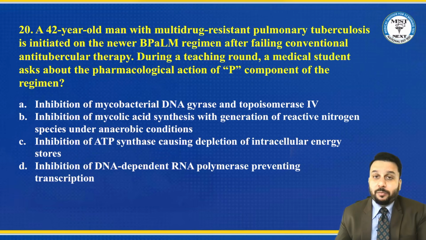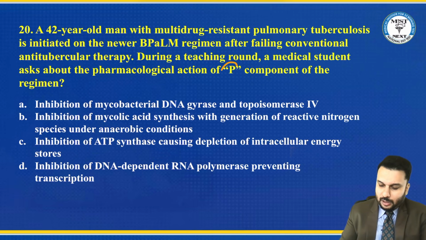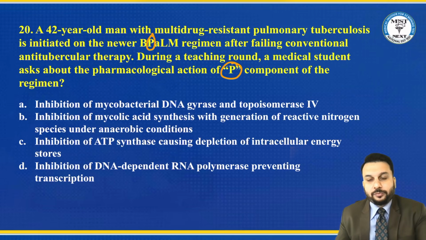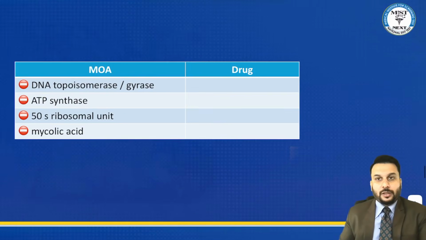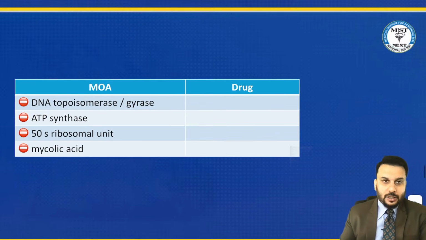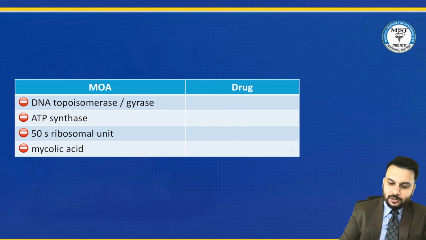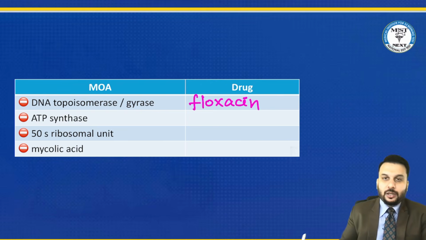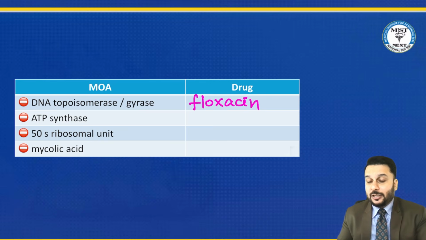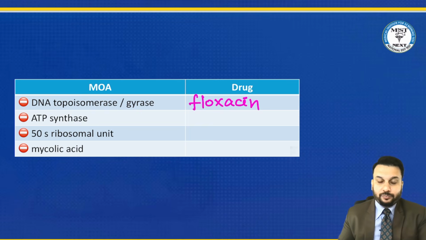All right. So in the BPaLM, the question is asking, how does the drug P work in the BPaLM? What is the drug P? P for pretomanid. Okay. Let's look at the different drugs here. DNA topoisomerase inhibitors or gyrase inhibitors are the drugs called floxacins. In the BPaLM, the M stands for moxifloxacin.